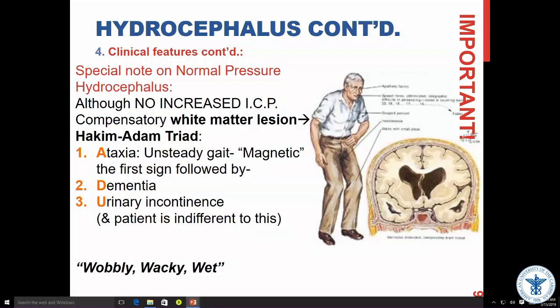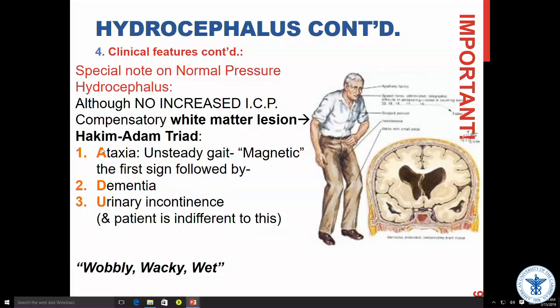He walks as though his feet are stuck to the floor, and he's not able to move them. This is how he walks. This is called magnetic gait. It may be confused with spastic gait in corticospinal tract lesions. We'll not get there. But when you use the word magnetic gait, it is characteristic of this, as though both feet are glued to the floor.